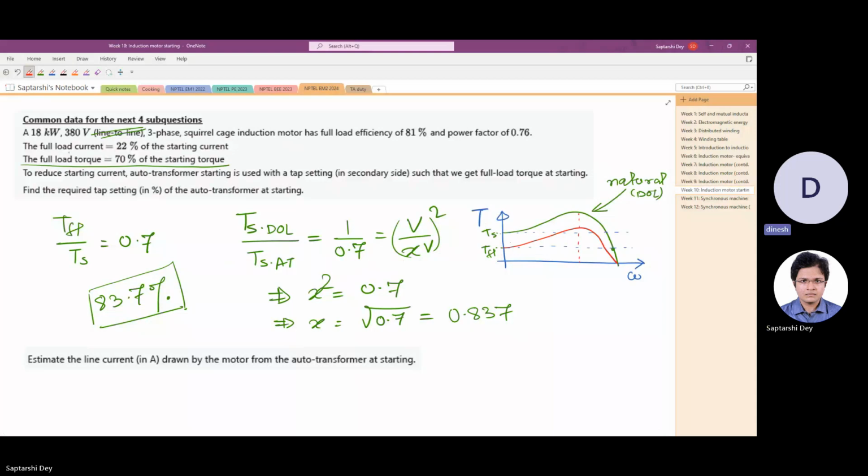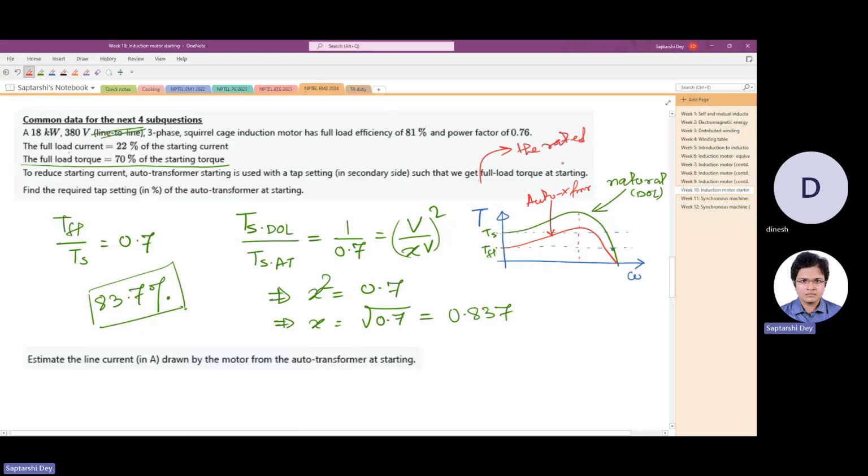Clear now? And there it is written that in this circuit we get full load torque at starting. That's what we are getting, this red one, the auto transformer starting. So this full load torque we want to get at starting. Means basically what they mean to say here is such that we get the rated torque.